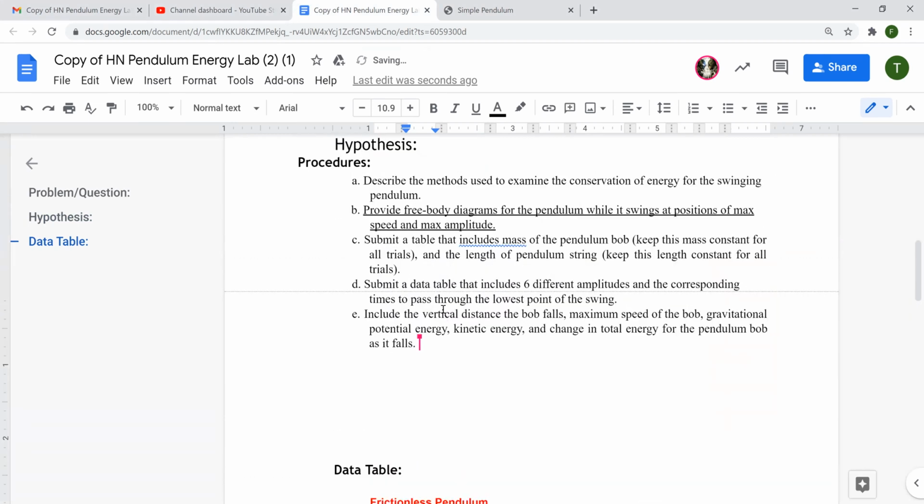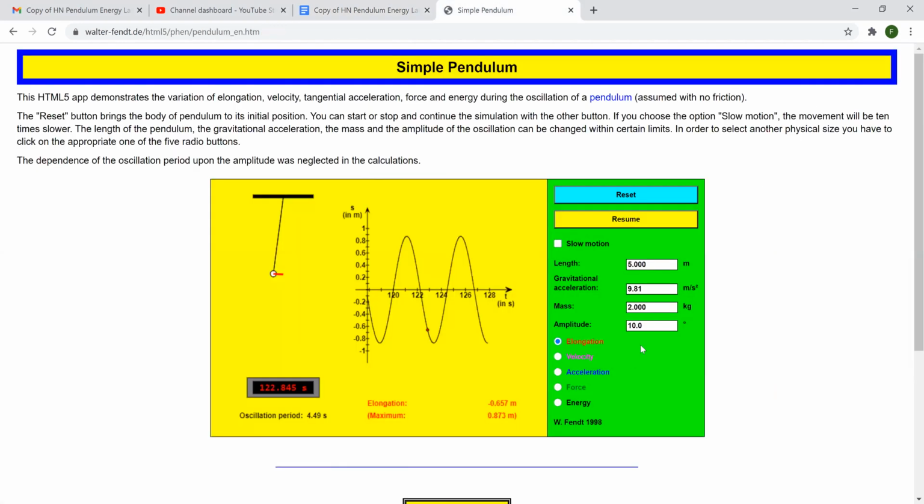It seems to say only 6 different amplitudes and the corresponding times to pass through the lowest point of the swing. So if we change this amplitude now to, I don't know, 5. I guess I can't edit it. Reset. Okay. So that goes back to the beginning.